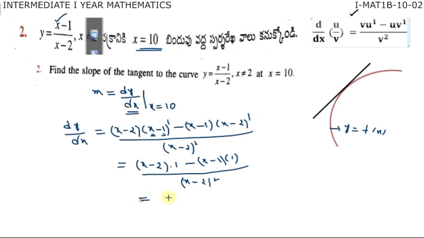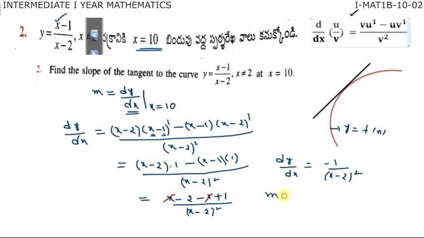Divided by x minus 2 whole square. Further on simplification, this is x minus 2 minus x plus 1 divided by x minus 2 whole square. So here plus x minus x gets cancelled. Remaining terms: dy by dx is equal to minus 1 by x minus 2 whole square.